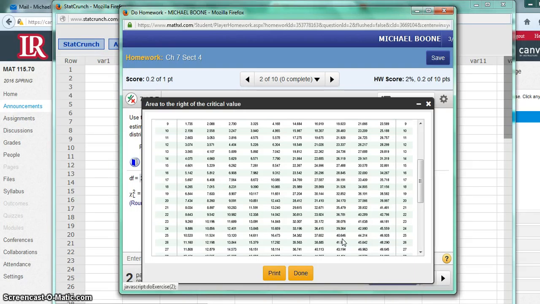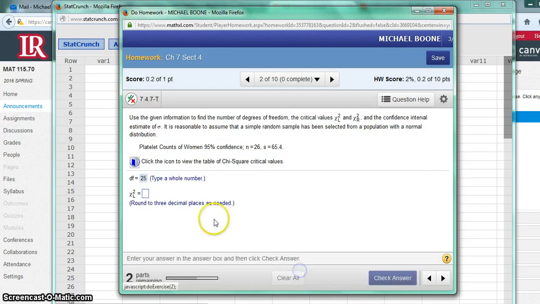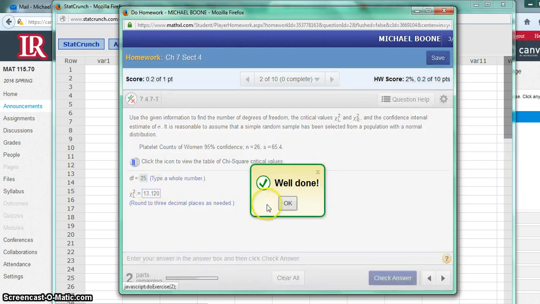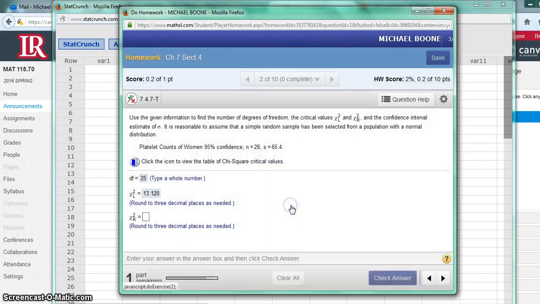So you can use the table and that'll be fine. But again, StatCrunch does a bang up job on this. The right value then is 40.646.